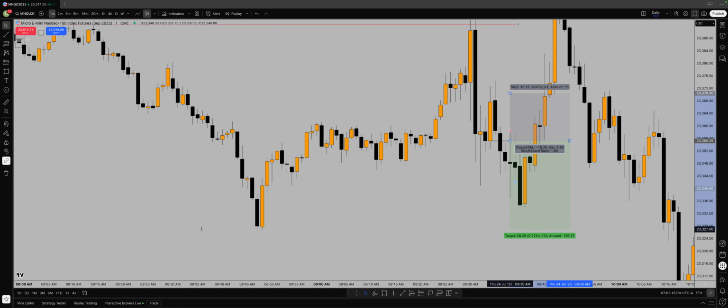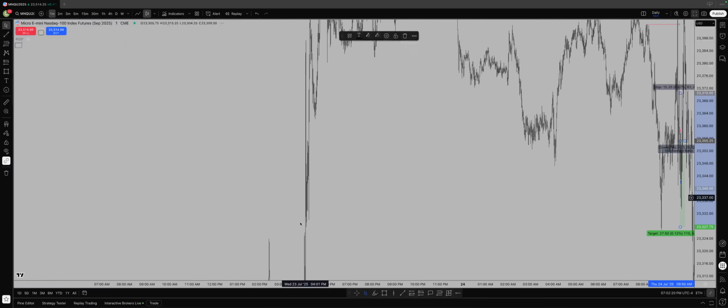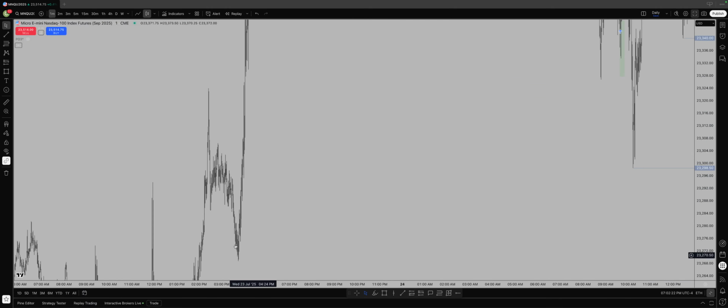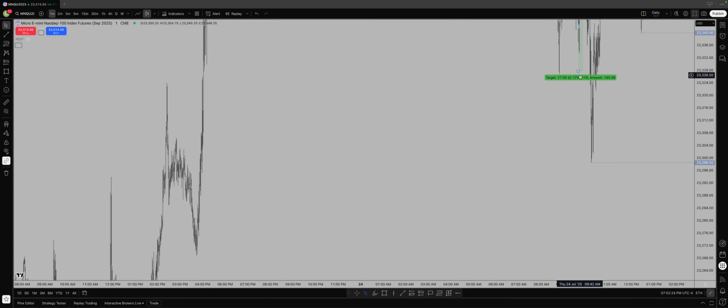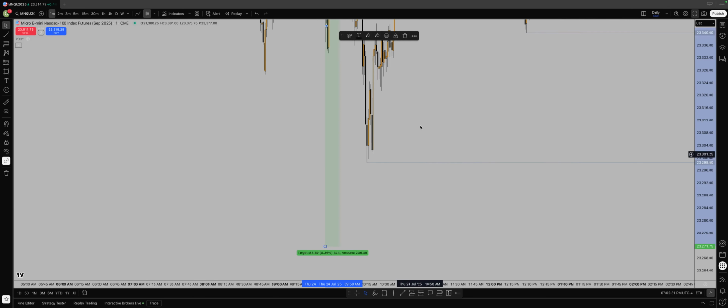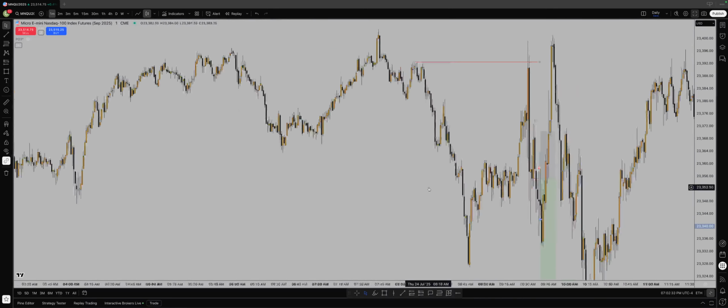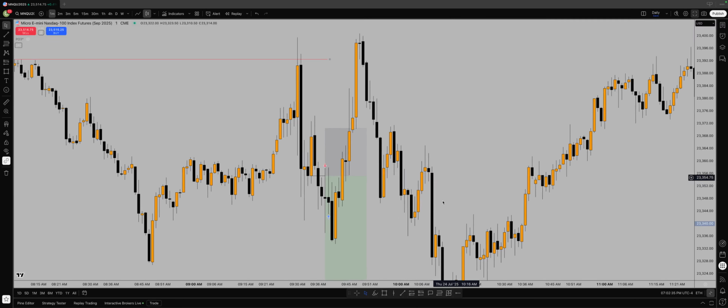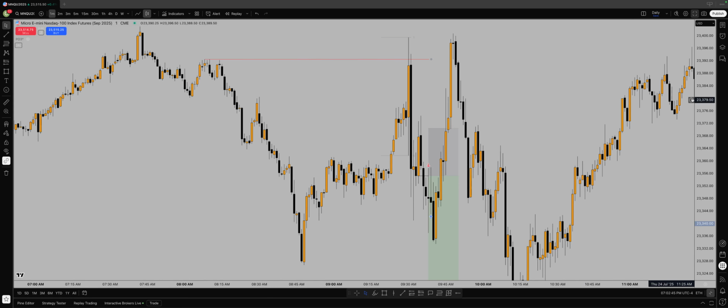My first target was here, but my second target was lower. Second target was down here. To be 100% honest, that's where I was looking for price to go, and I also had confirmation from my standard deviation tool.